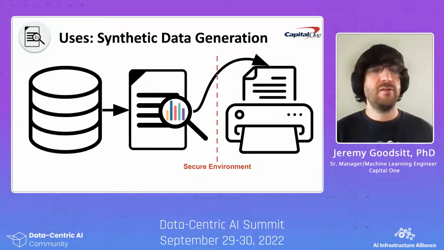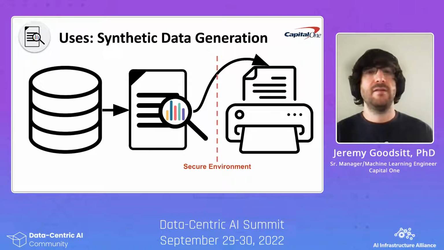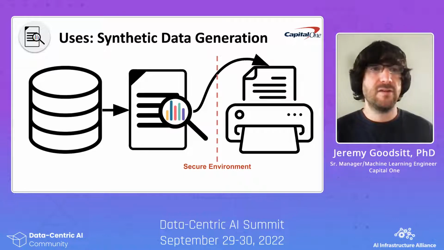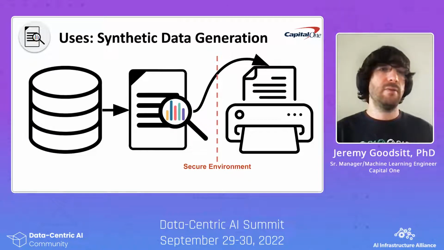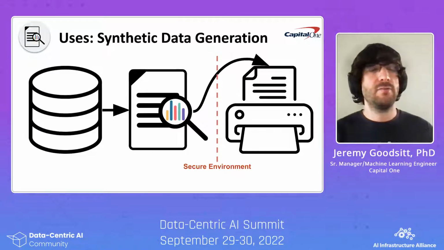And so obviously, anything with data security is paramount, which means that depending on the sensitivity of a data set, it can't leave a secure environment. But a data profile, which is only a description and not the actual data itself, may be able to leave the environment depending on what's in that profile. And so what you can think about doing is generating these profiles within secure environments and passing the profile itself outside of it.